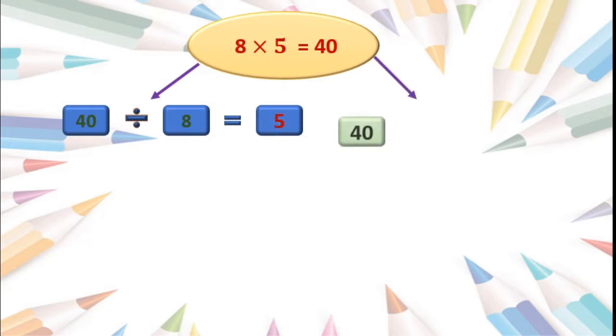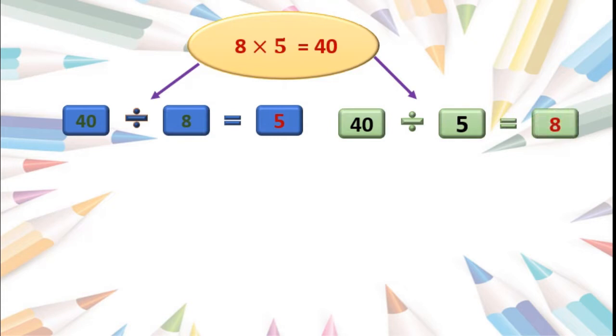Second one, again 40 we will take. 40 divided by 5 is equal to 8, because 5 8s are 40. So the answer is 8. Right? One more example we will take. 8 7s are 56.